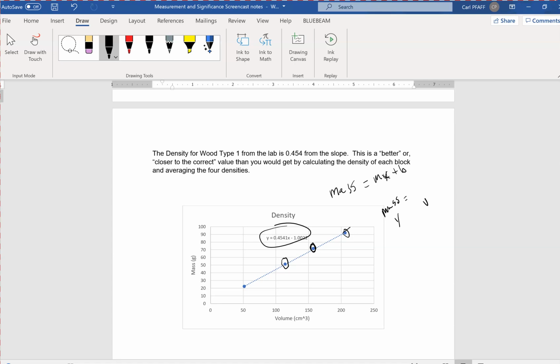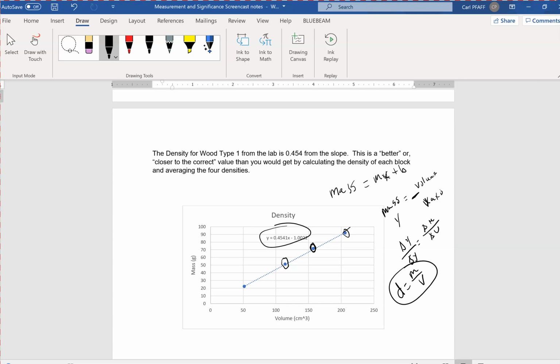Volume is on the x-axis. The slope of that graph would be delta y over delta x, which would be change in mass over change in volume. Density is equal to mass over volume, so the slope of this graph gives us our density.